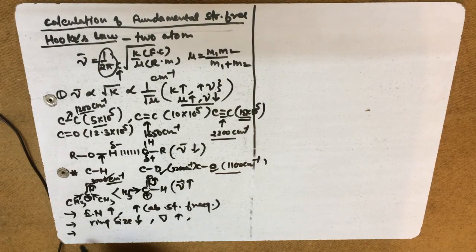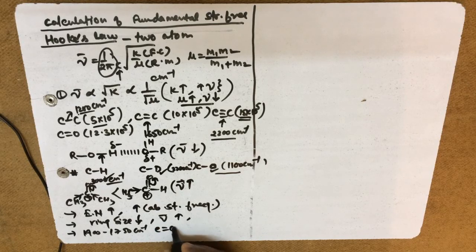If you see from 1900 to 1500 centimeters, in this range the strong band is due to C=O, in aldehyde, ketone, carboxylic acid, amide, ester, lactones.